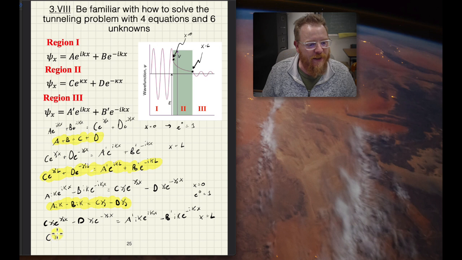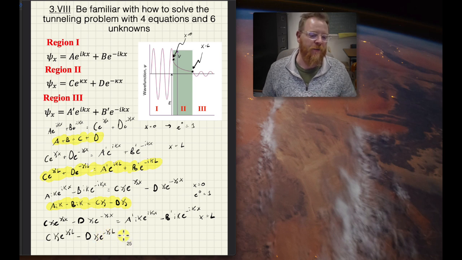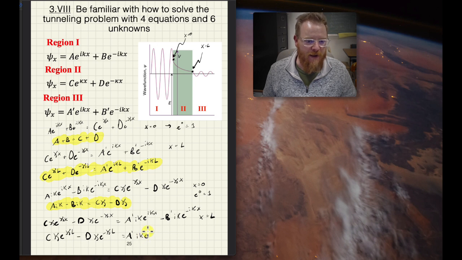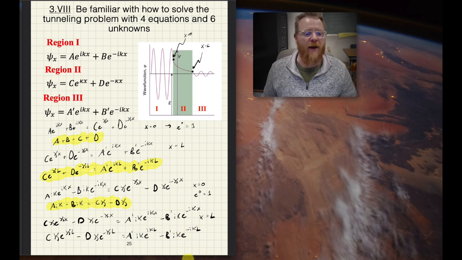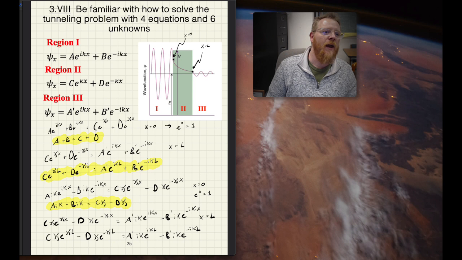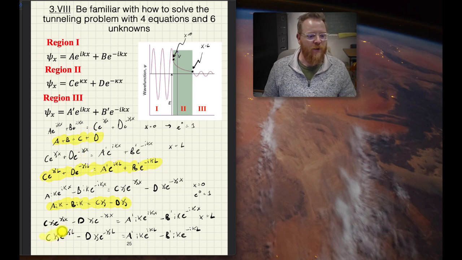So that's C kappa e^(kappa L) minus D kappa e^(negative kappa L) equals A prime i k e^(ikL) minus B prime i k e^(negative ikL). And we'll highlight it to note that here are our 4 equations.